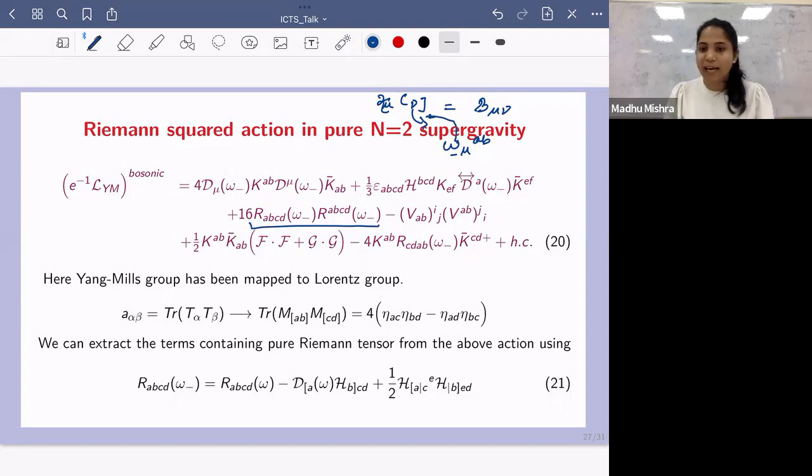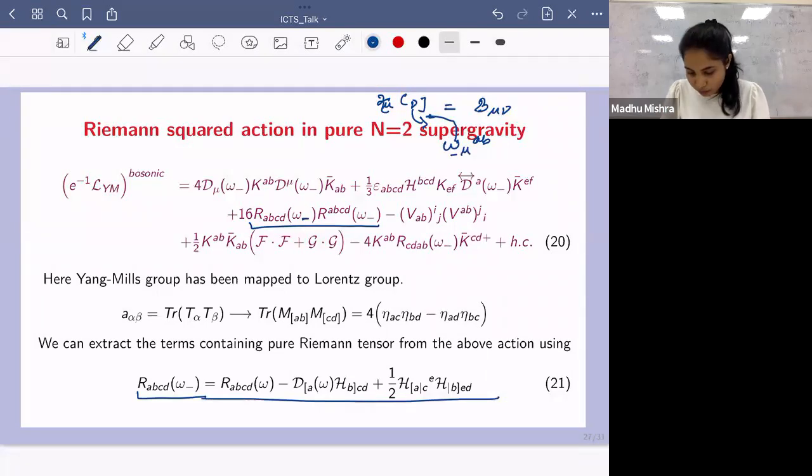It's not exactly Riemann square because you have omega minus, but we have a relation between the Riemann tensor and this quantity in this way. So if you want a pure Riemann square action, you can use this relation and put it in the action, and what you get is a Riemann square action.